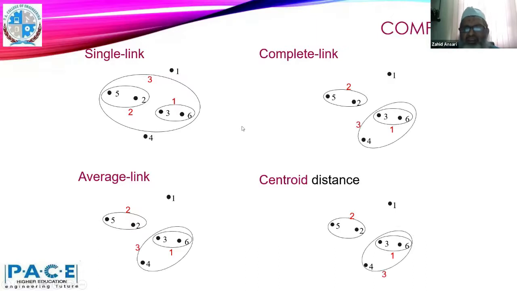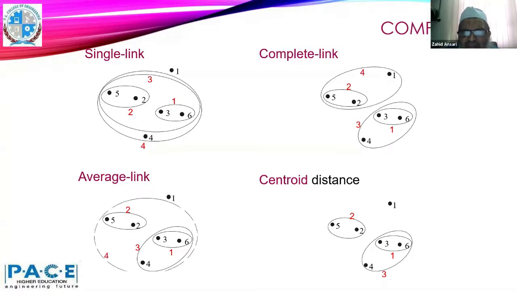In case of complete link, where we see the farthest distance, from the criteria of the farthest distance, these two clusters were the closest, so it merged in this way, right? In the average link, it merged in this way, right?